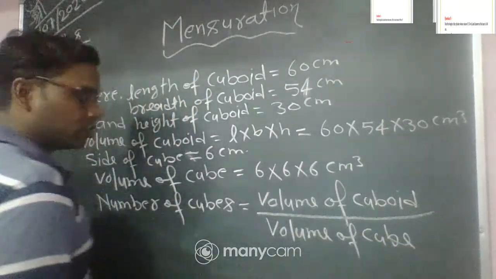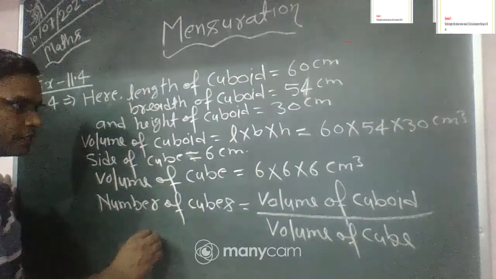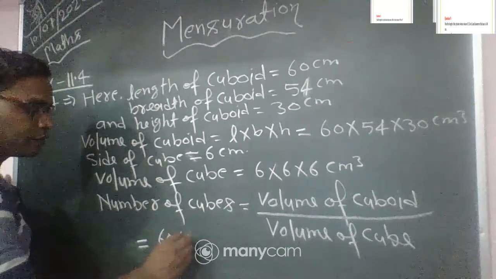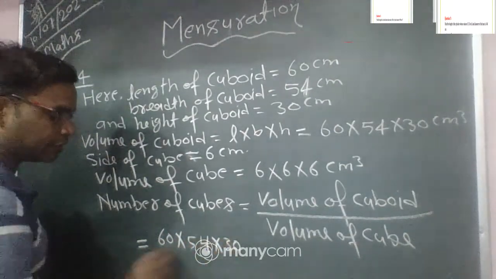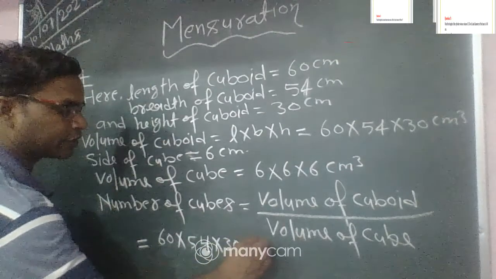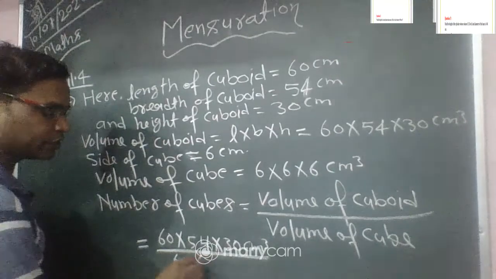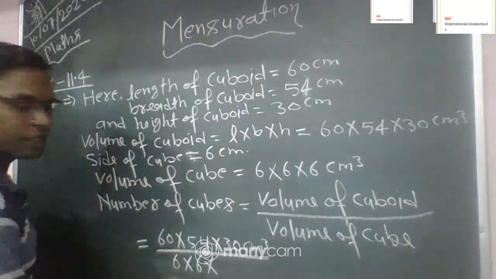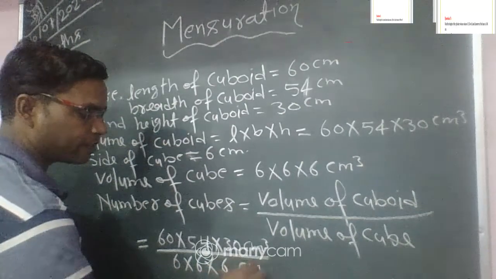Clear? So here we find the volume of cuboid is 60 into 54 into 30 centimeter cube, divided by 6 into 6 into 6, this is the volume of cube, centimeter cube.